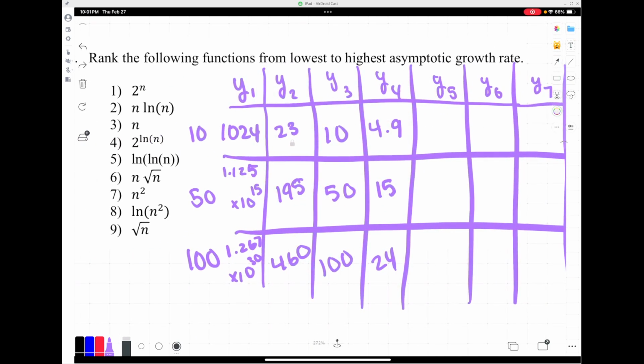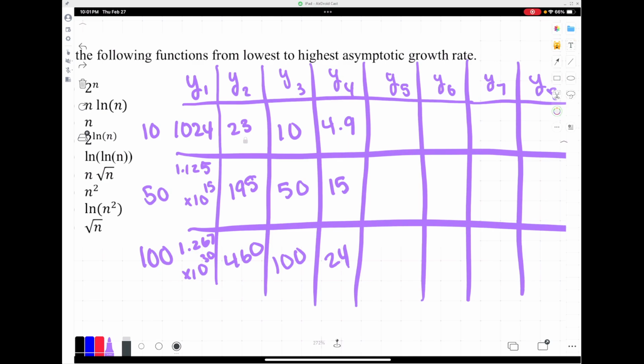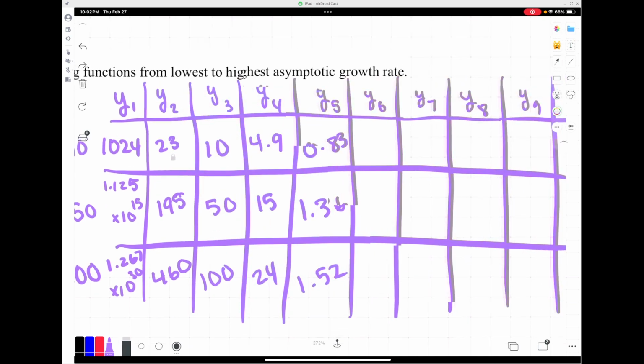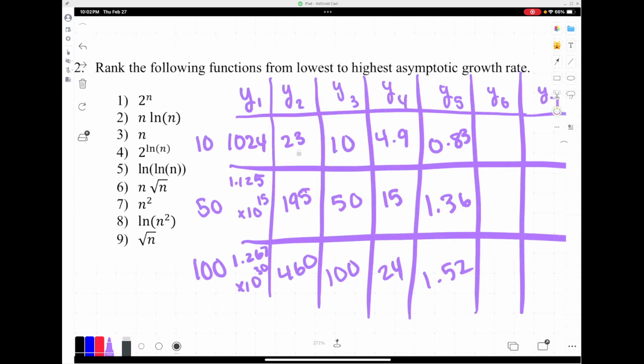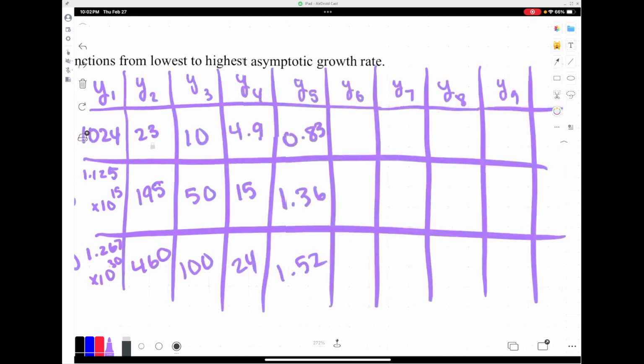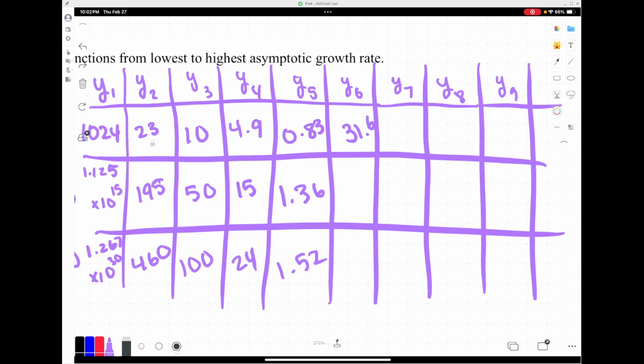For the fifth one, it's ln of the number: 0.83, 0.36, 1.52. The sixth one is n to the square root of n. So 10 to the square root of 10 is 31.6.